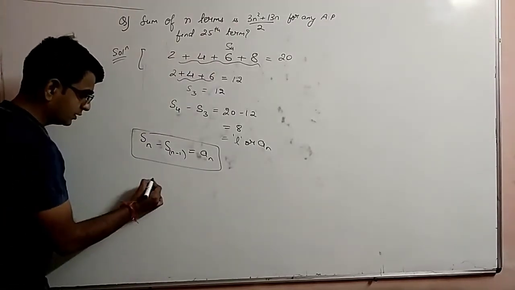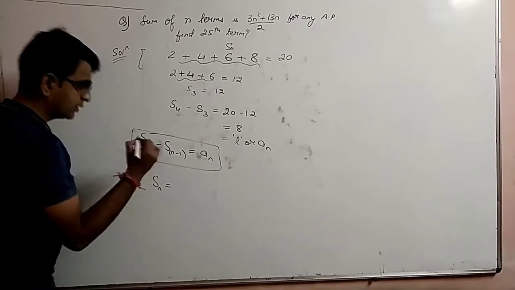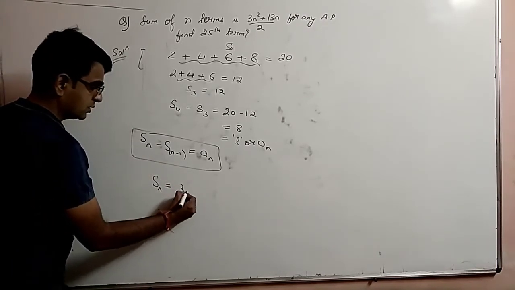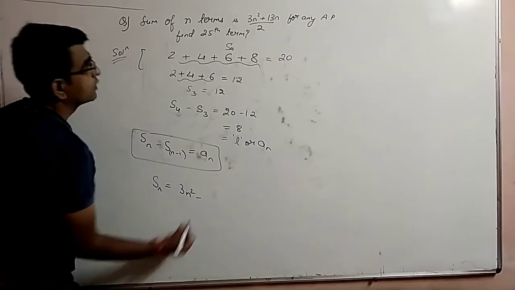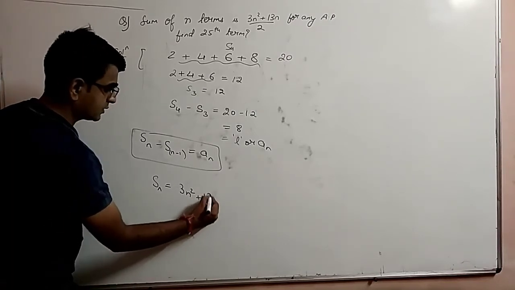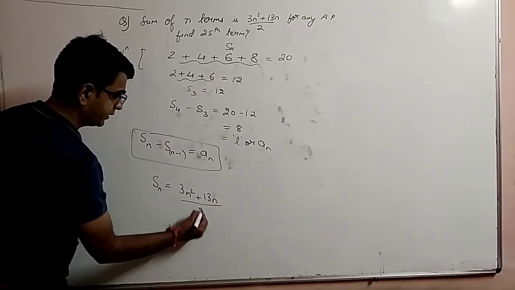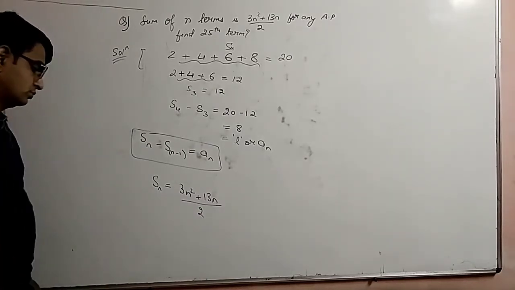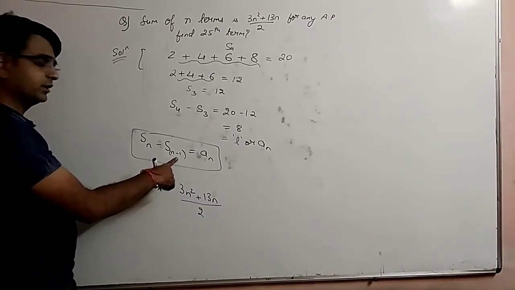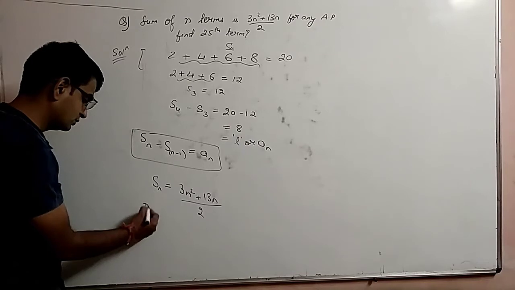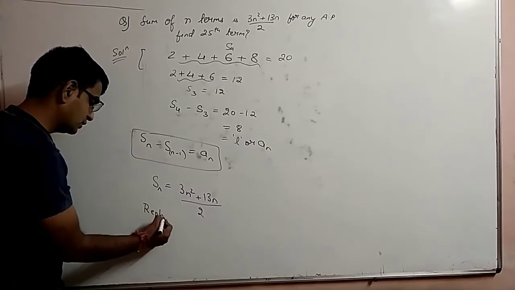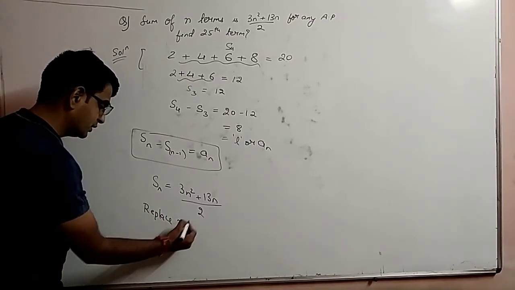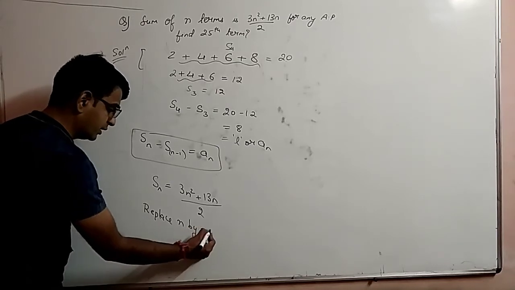What we are given, Sn is 3n square plus 13n by 2. Now what I need is S of n minus 1. So what we can do is just replace n by n minus 1.